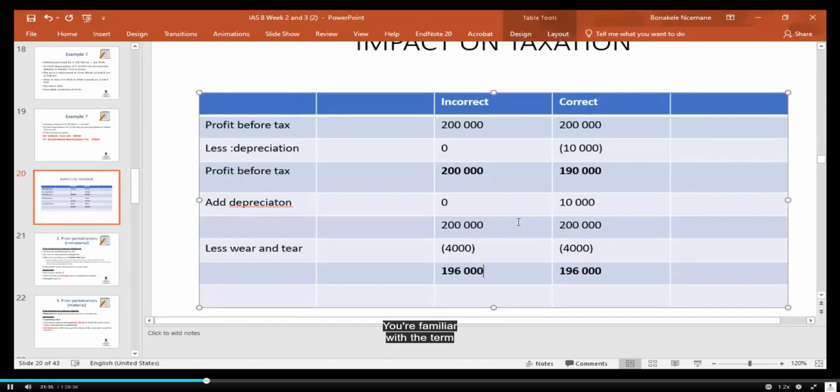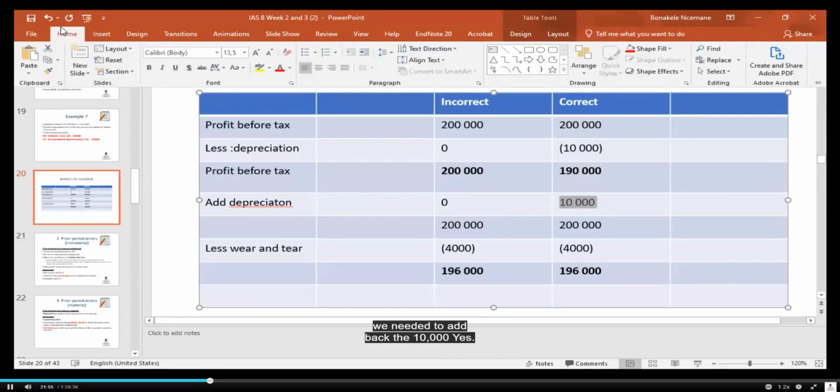The timing differences are what we essentially call temporary differences. You're familiar with the term temporary differences? Yes. Now, we need to then add back how we depreciate an asset. Hence, we added back the 10,000. Do you agree that we needed to add back the 10,000? Yes. Hence, now we ultimately have 200,000.